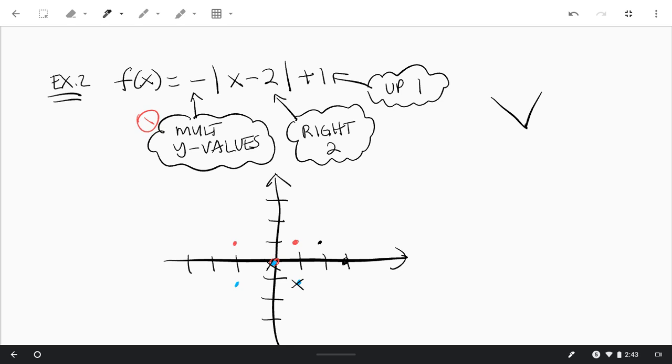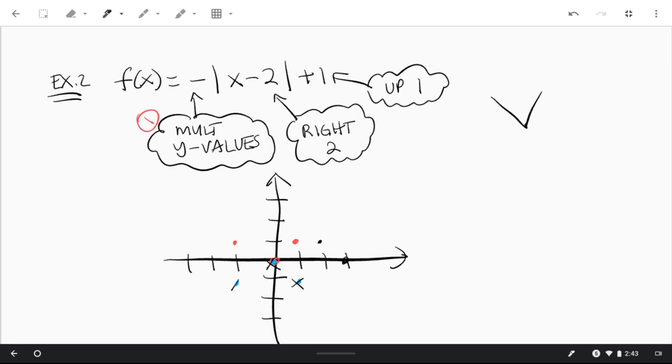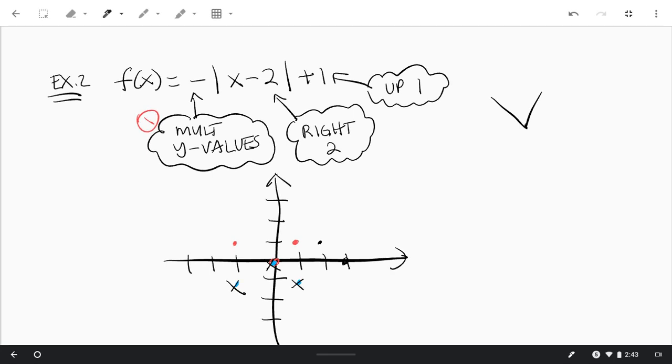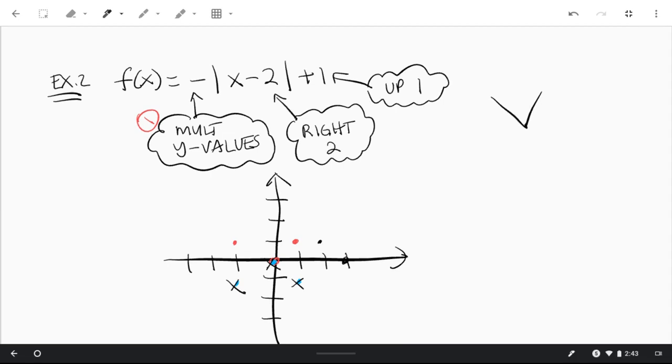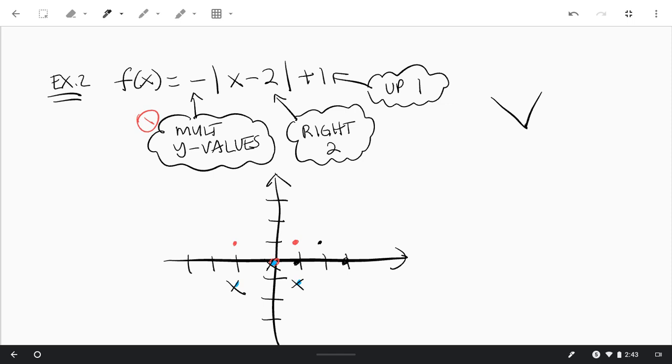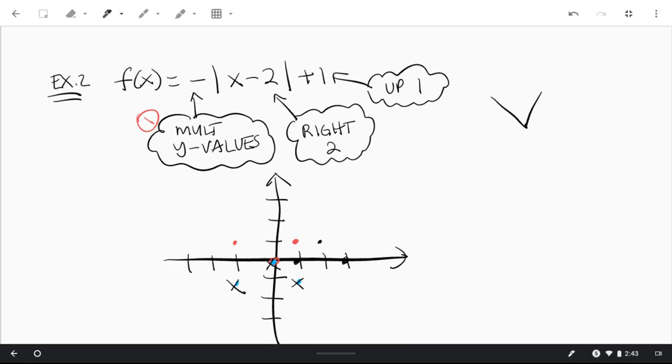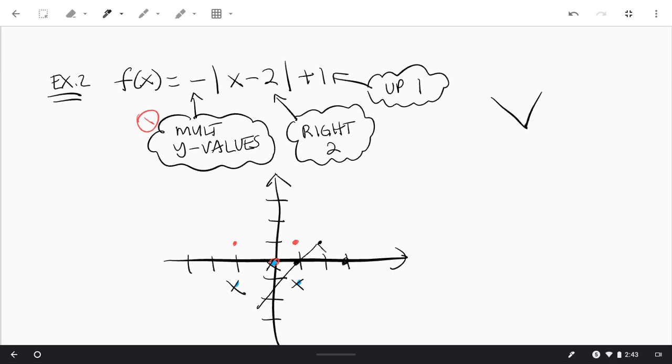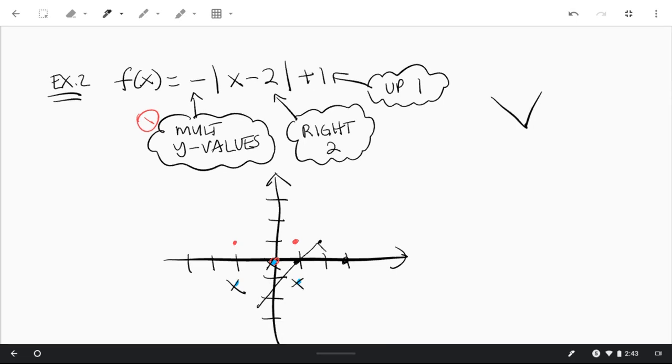And this one on the far left will go right 2 and up 1. Okay, so these are my three final points, these three black ones here. So I will go ahead and draw my V, which is now reflected because we multiplied by a negative number.